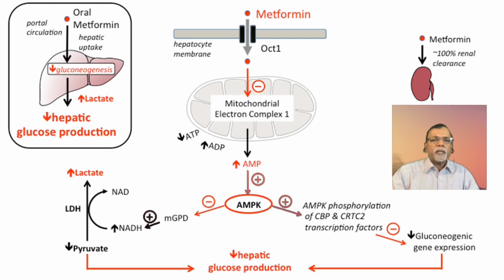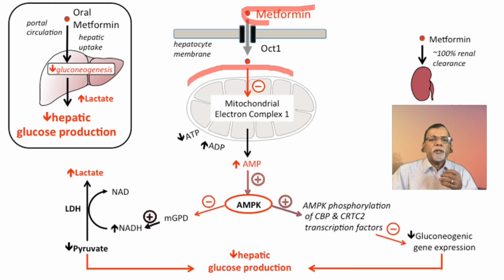Metformin is a positively charged particle. It needs transport in the liver. So in the liver, the metformin is highly concentrated because of OCT1, the organic cation transporter protein 1, that is transporting the metformin, and metformin acts at the mitochondria. So it is a mitochondrial action.